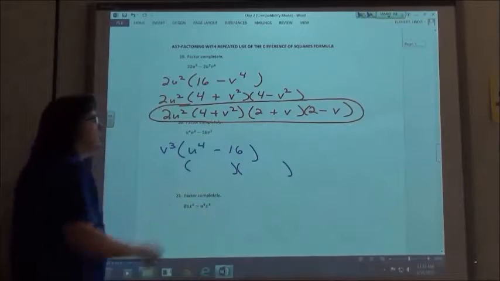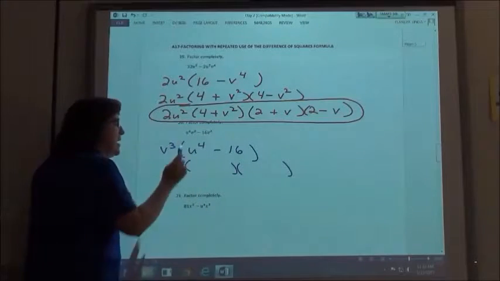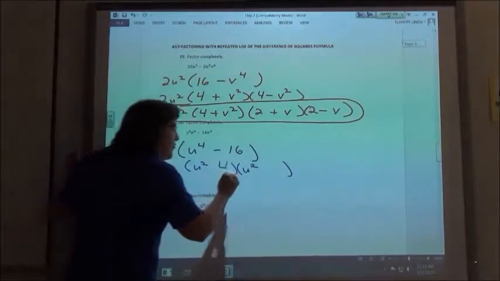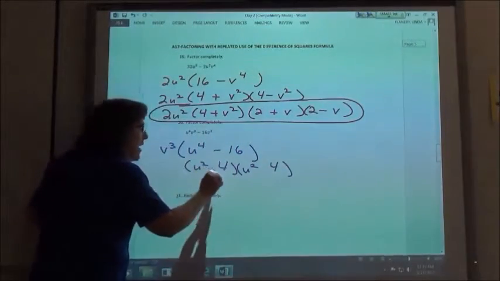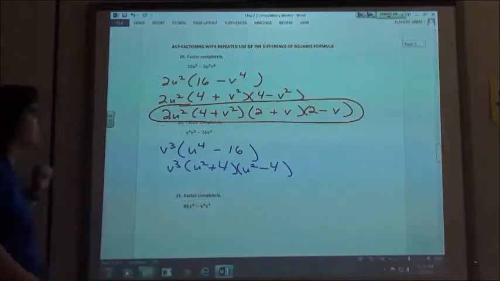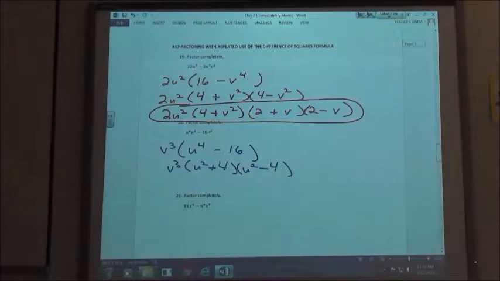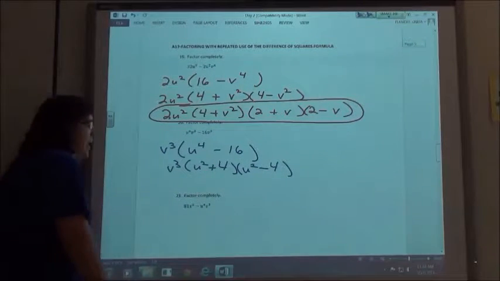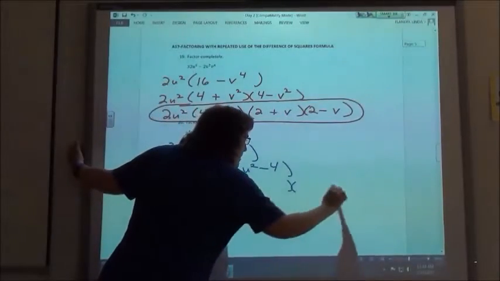So factoring the u to the fourth minus 16. u to the fourth is u squared and u squared. 16 is 4 and 4. One's going to have a plus and one's going to have a minus. And of course the v cubed is out in front. We know we're factoring with the repeated use of difference of squares. You can see again we have the difference of squares on the end, so I'm going to factor that.